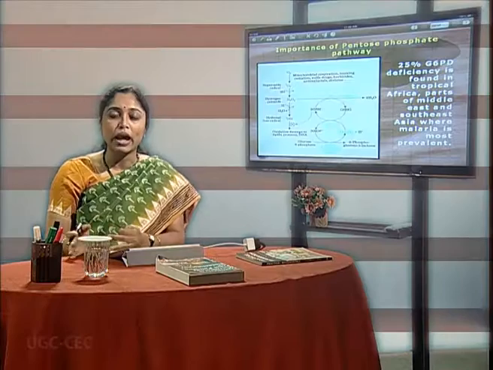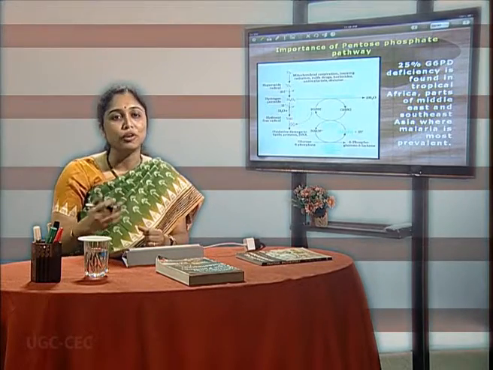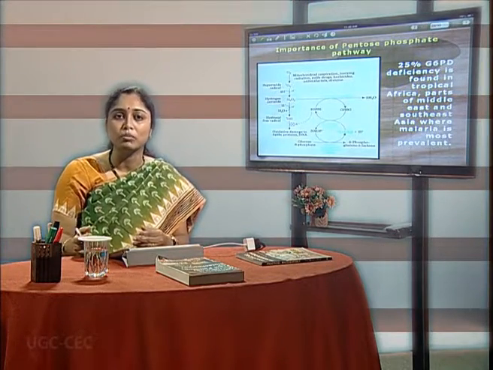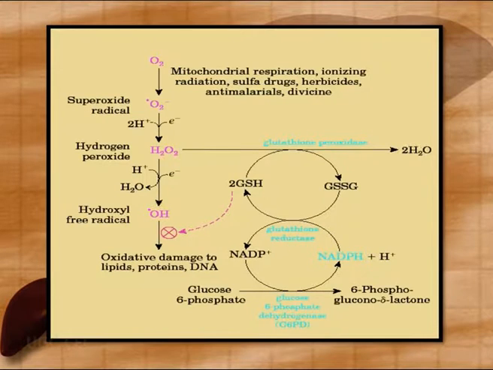So in the absence of NADPH molecules, removal of reactive oxygen species will be incomplete and that will lead to the accumulation of ROS in the cells and that will eventually damage all the biomolecules and lead to the damage of the cell.